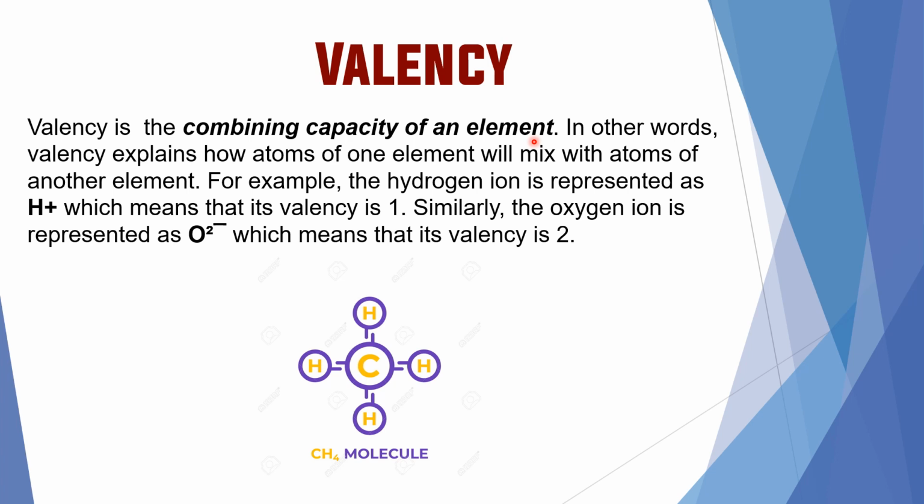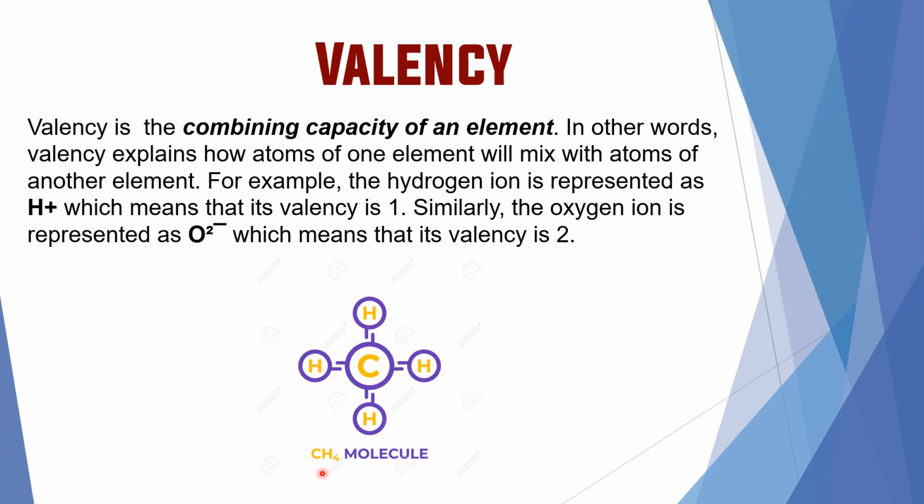One element has a certain capacity to combine with other elements. In other words, valency explains how atoms of one element will mix with atoms of another element. Here I will show this is a methane molecule, CH4.